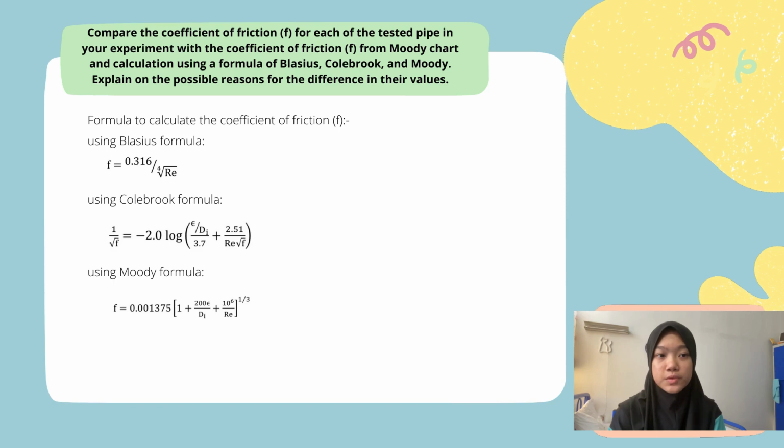And if we use Moody formula, F is equal to 0.001375, open bracket, 1 plus 200 relative roughness over internal diameter plus 10 to the power of 6 over RE, close bracket, and to the power of 1 over 3.